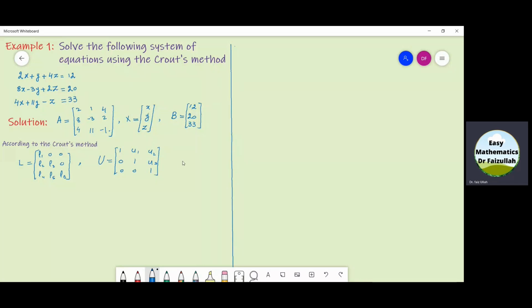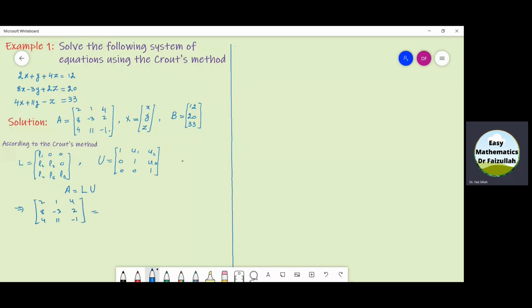To solve the system, the first step is to express A into the product of L and U. So let us put values. The values of A are 2, 1, 4; 8, minus 3, 2; 4, 11, minus 1.